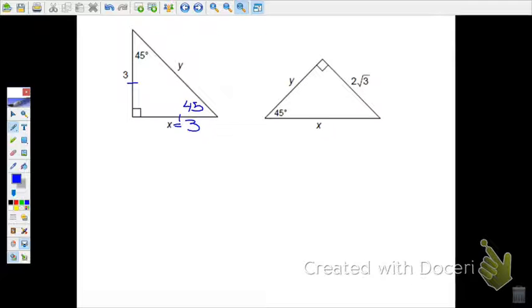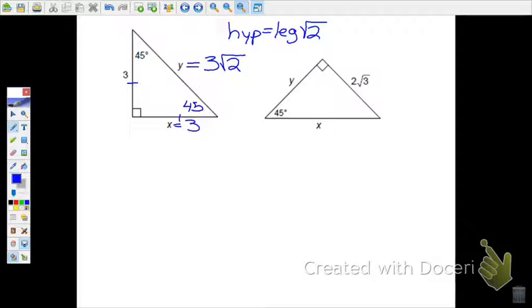To find y, which is the hypotenuse, we're going to, again, use that formula. Hypotenuse equals leg times square root of 2. So my y equals, the leg is 3 times square root of 2. That's it. Y equals 3 square root of 2.